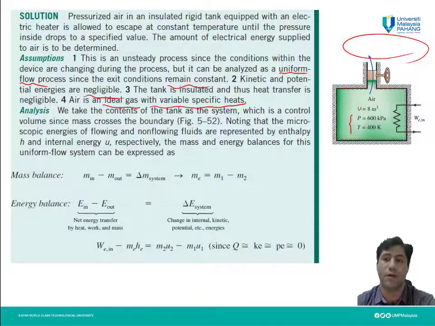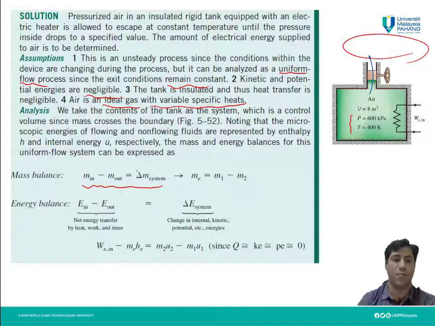Then if we write the mass balance equation for this, M in minus M out equals delta M of the system. We don't have any mass coming to the system, so M in is 0. What about M out? We have air escaping from our control volume, so we have M out.